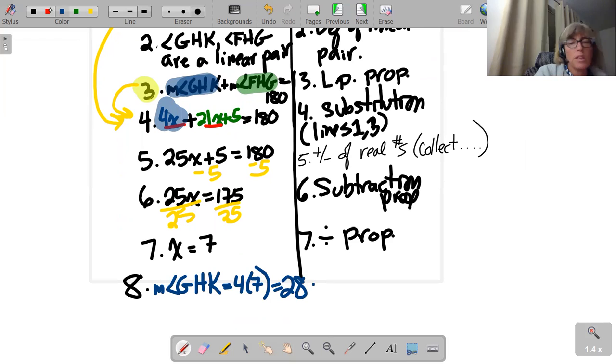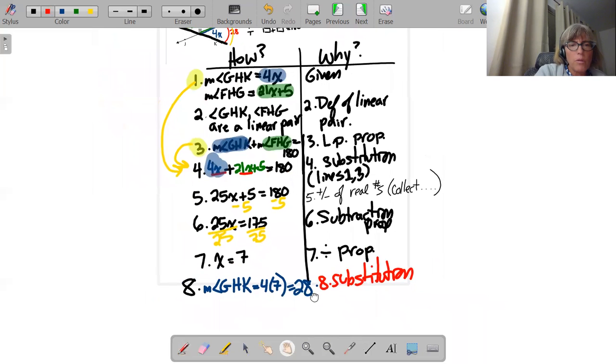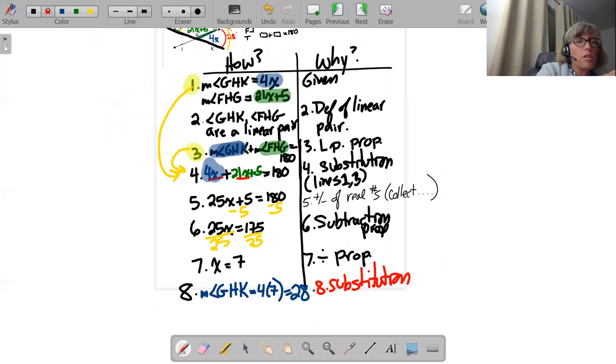The reason here is substitution. And you specifically used lines 1 and 7.